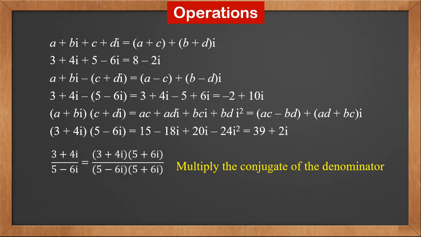When you divide two complex numbers, you multiply the conjugate of the denominator on both sides. We know from the previous slide, the product of a complex number and its conjugate is a squared plus b squared, and it is a real number. For example, let's calculate (3 plus 4i) over (5 minus 6i). Let's multiply 5 plus 6i on both sides.